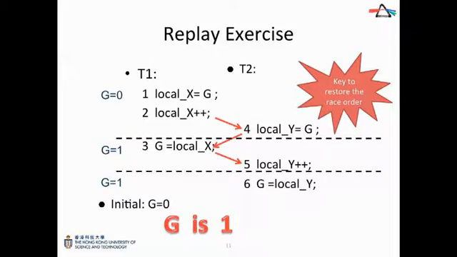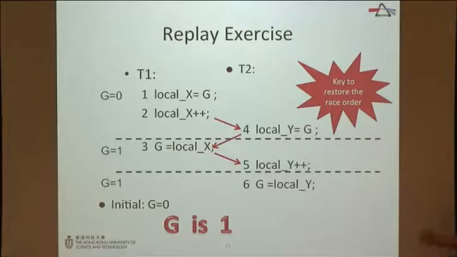And I want to illustrate that for a concurrent program, the order of the race, or whether statement 4 is executed before statement 3 or after statement 3, is the key to deterministic replay. Right?